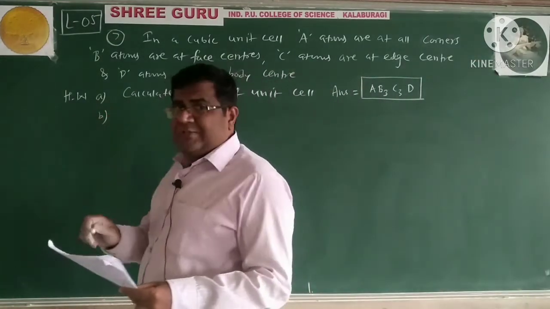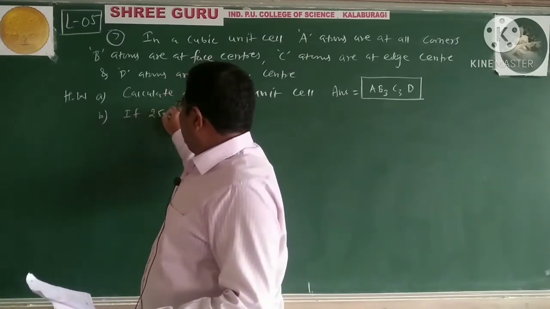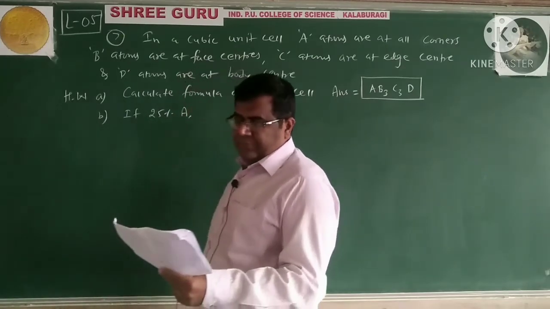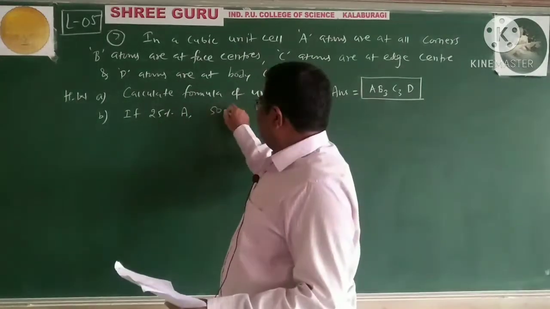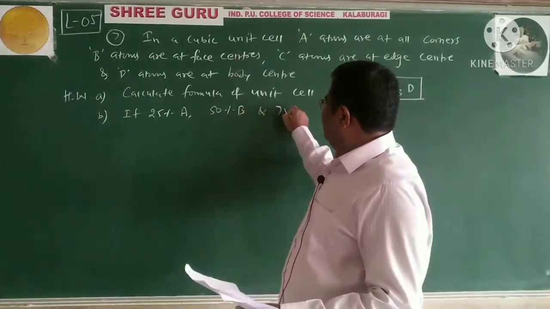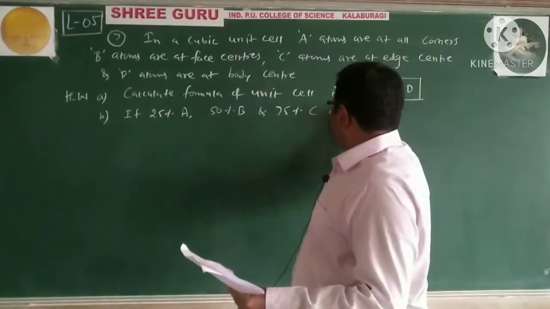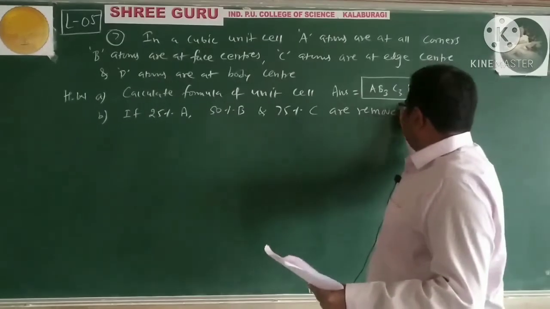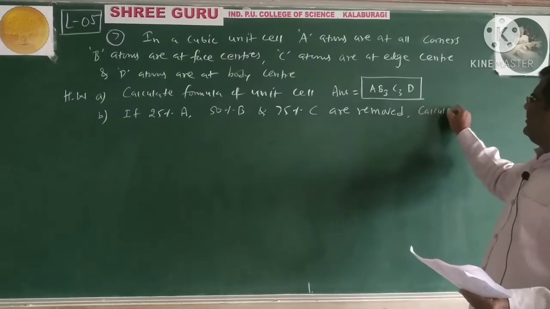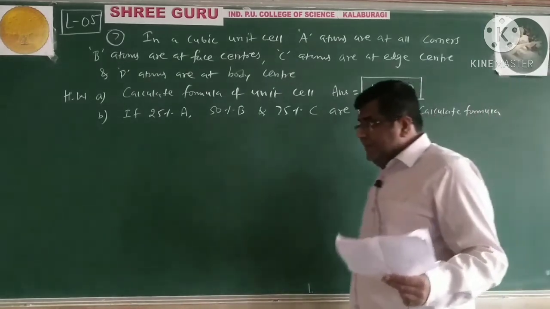Now part B we will solve together. If 25% A, 50% B and 75% C are removed, calculate formula. So these many items we are removing.